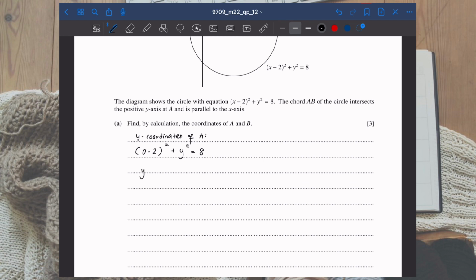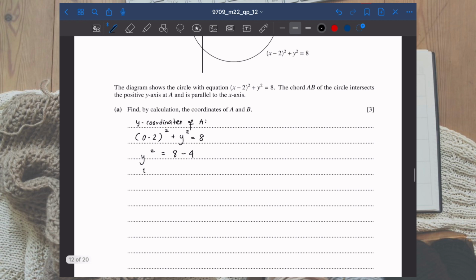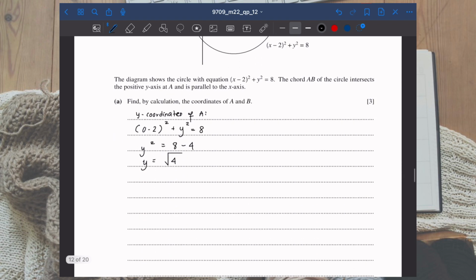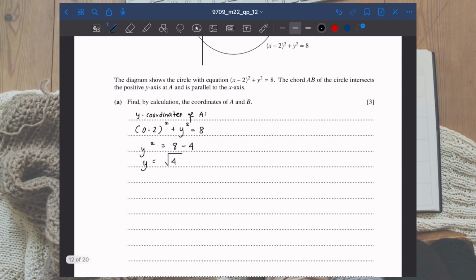So y² = 8 − (−2)², which is 4. So 8 − 4, and y will be the square root of 4. It's a positive square root since A is above 0. So y will be 2.